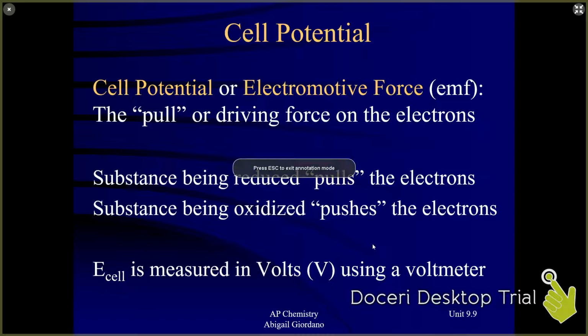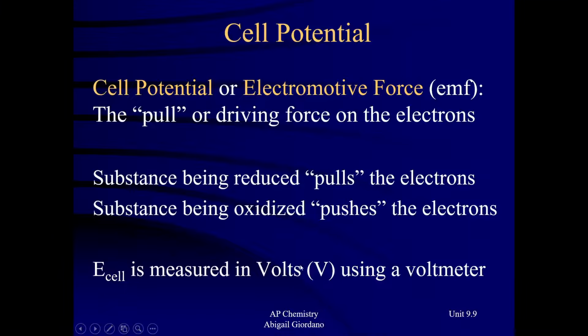Sometimes you will see it written like this, a fancy curly cursive capital E with a subscript cell. It means the same thing. It's the voltage, or what we're going to call the cell potential, coming out of an electrochemical cell.